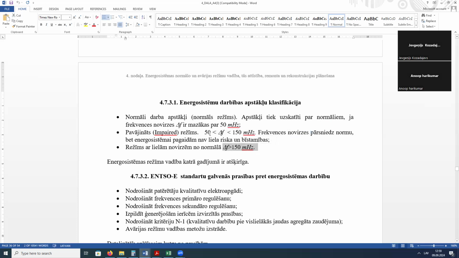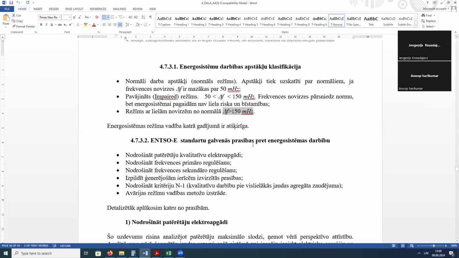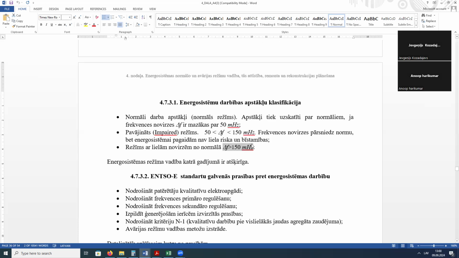In this case, of course, we start to do something. But a small deviation is quite easy to return to the nominal value. If the deviation is more than 150 millihertz, we have a huge deviation and this becomes dangerous. This is how important it is. This is the standard regulation, but we'll discuss it in detail a little bit later.